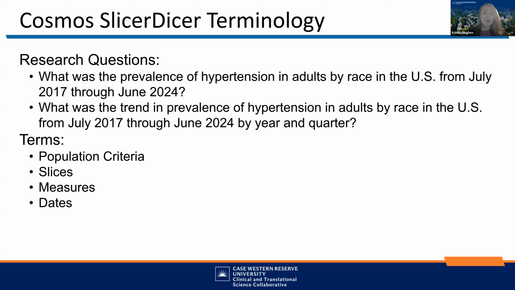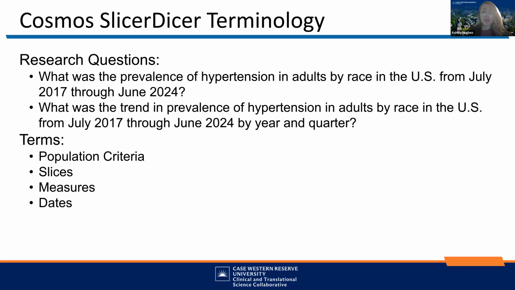So there are multiple components that we'll need to dissect from this research question that relate to the terms and the types of inputs and modifications that we'll need to actually add to perform our query in Cosmos.